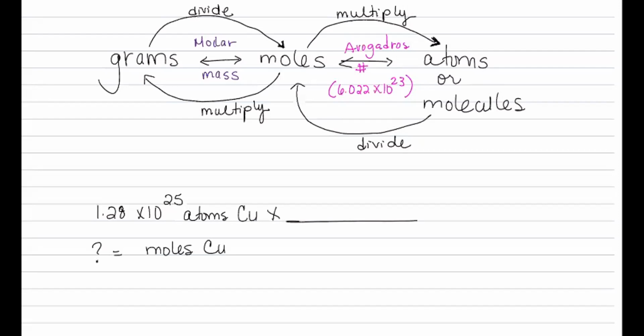Multiply by Avogadro's number or divide by Avogadro's number? Great, divide. So we will say 6.022 times 10 to the 23rd atoms of copper per mole of copper.